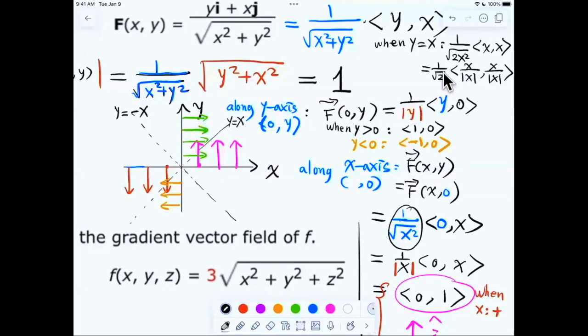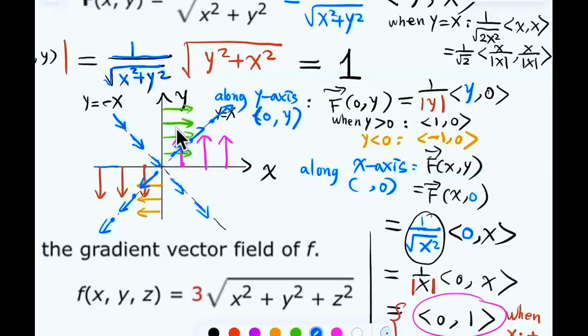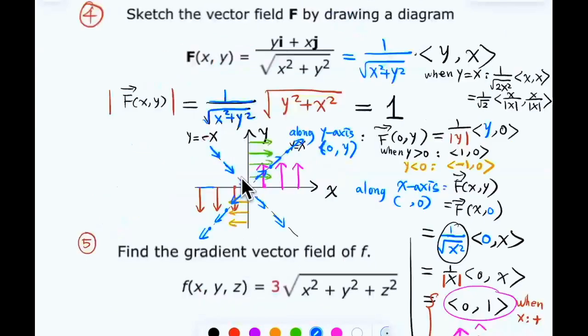So the arrow here will look like this, 1, 1. It's going to point this way. When x is negative, it goes the other way, like this. You can also do it for y equal to negative x, and you will see something similar. So you kind of see the vector field to draw it.